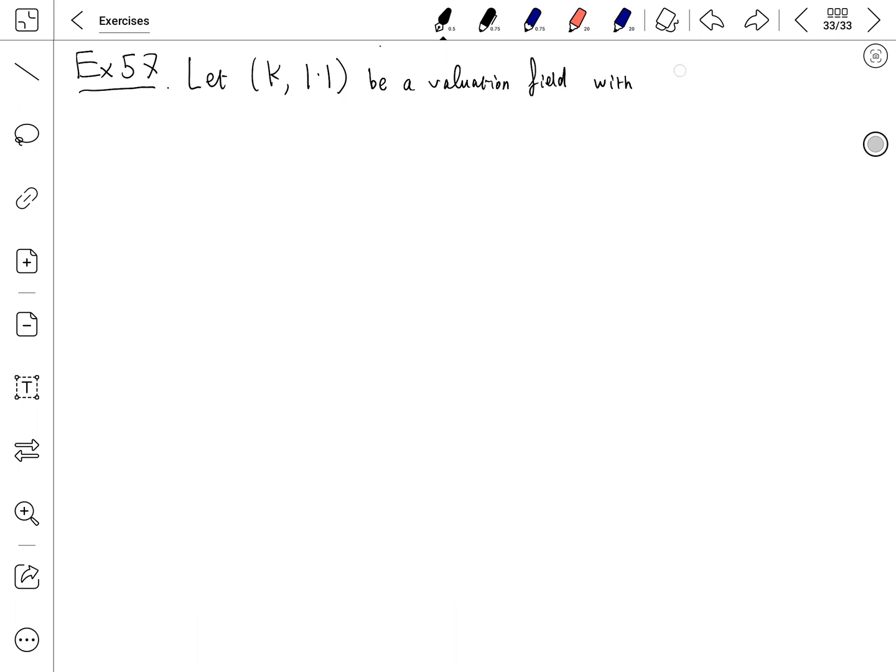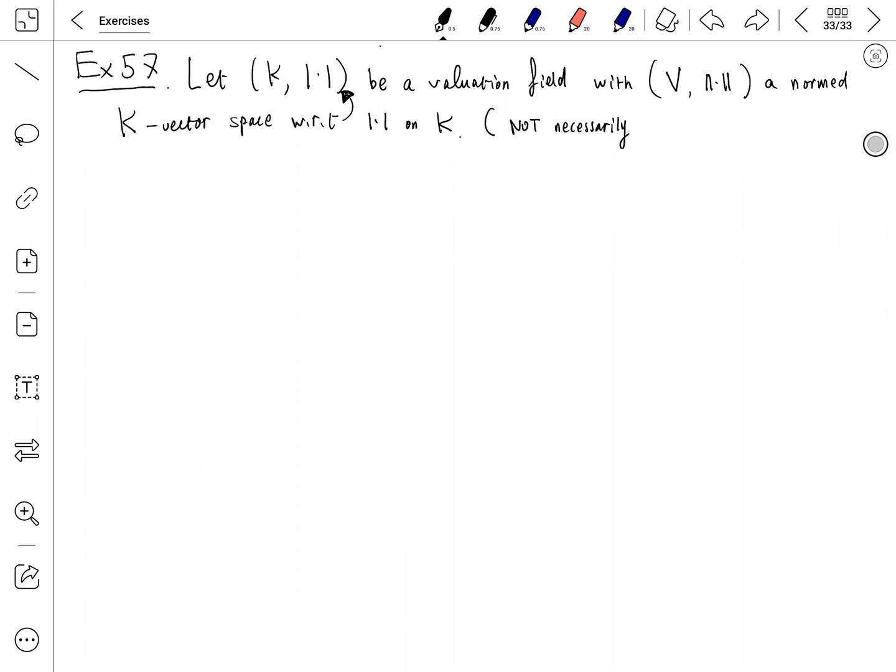And then consider a normed K vector space, with respect to this absolute value structure on K. Not necessarily, this norm is not necessarily non-Archimedean.